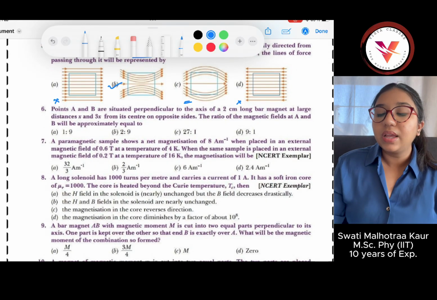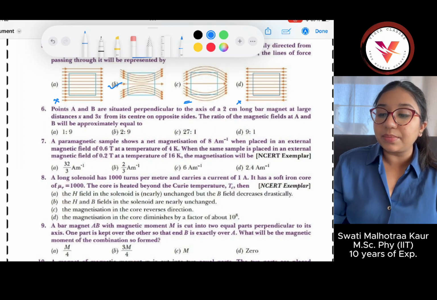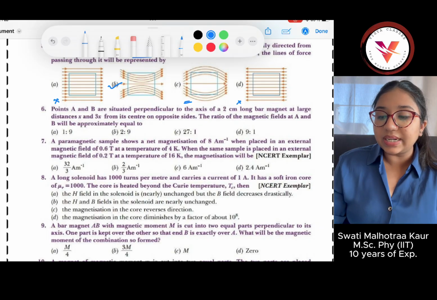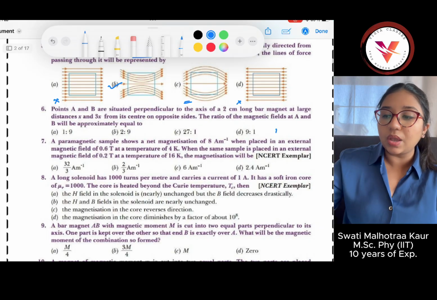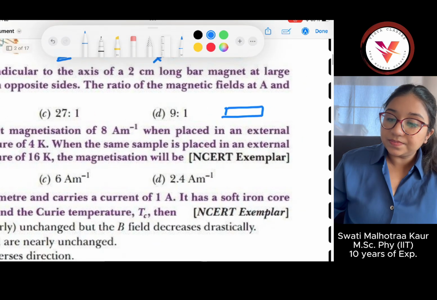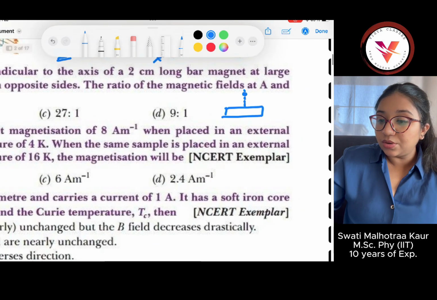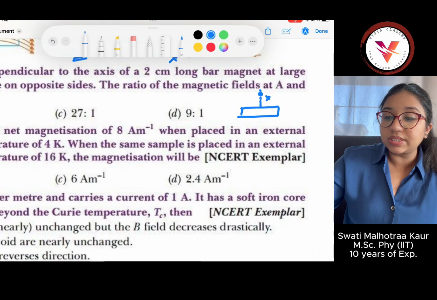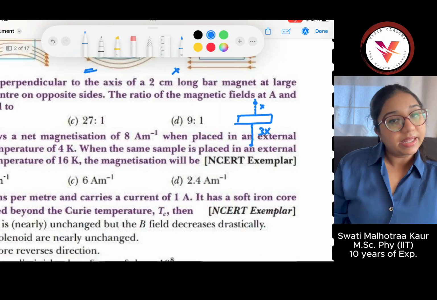Now, points A and B are situated perpendicular to the axis of a 2 centimeter long bar magnet at large distances, x and 3x from its center, on opposite sides. This is the bar magnet, and on its perpendicular you have two points, one at a distance x, the other at a distance of 3x.